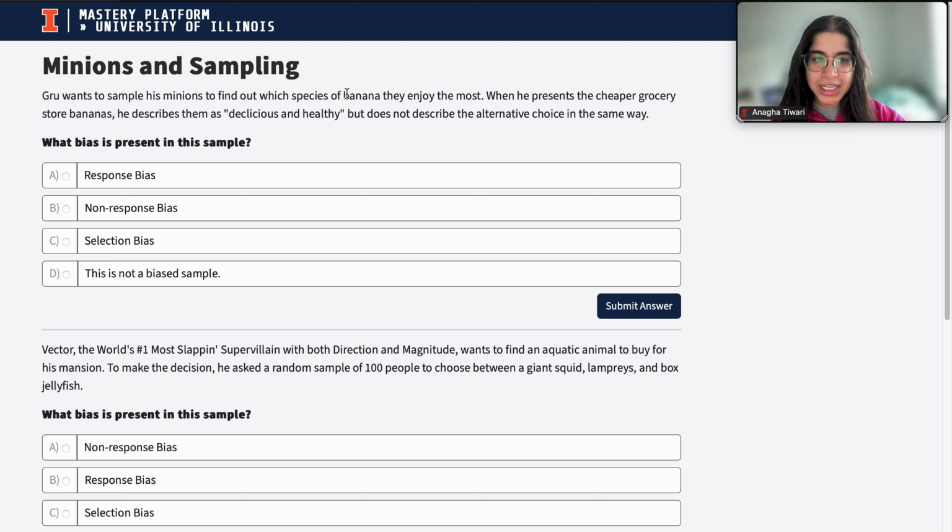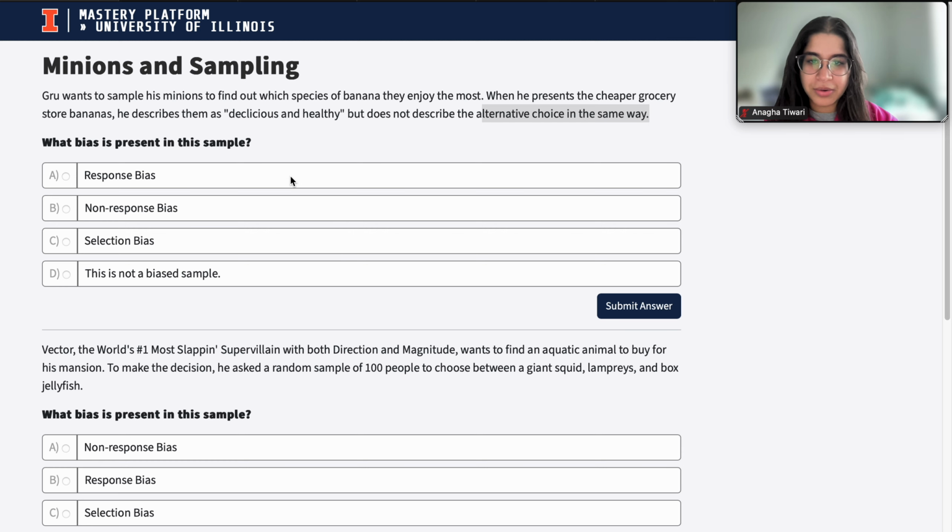It says when he presents the cheaper grocery store bananas, he describes them as delicious and healthy, right? So he's obviously affecting the response of the minions by describing the ones from the cheaper grocery store as delicious and healthy, but does not describe the alternative choice in the same way.